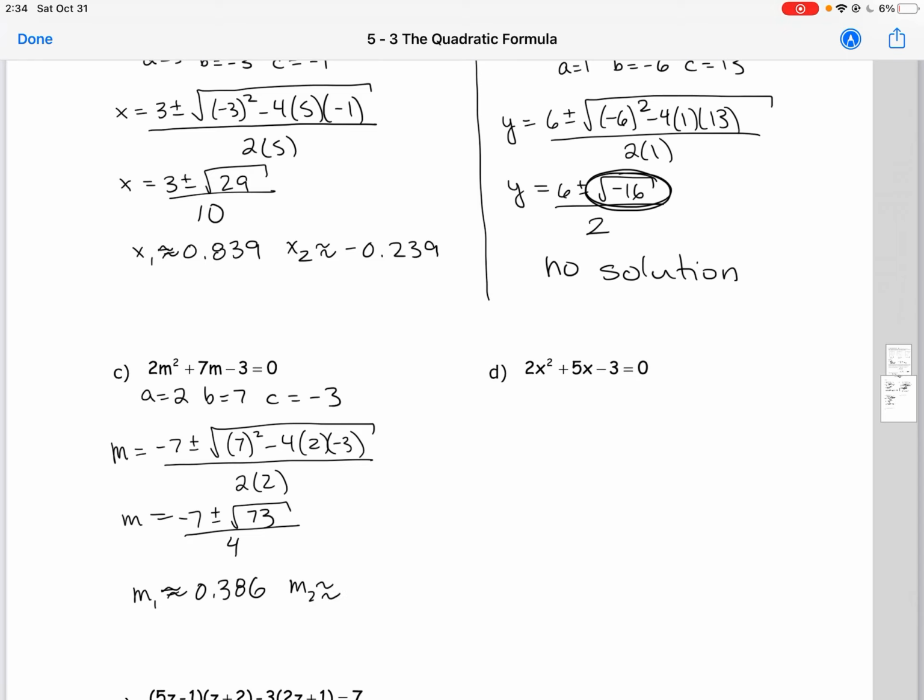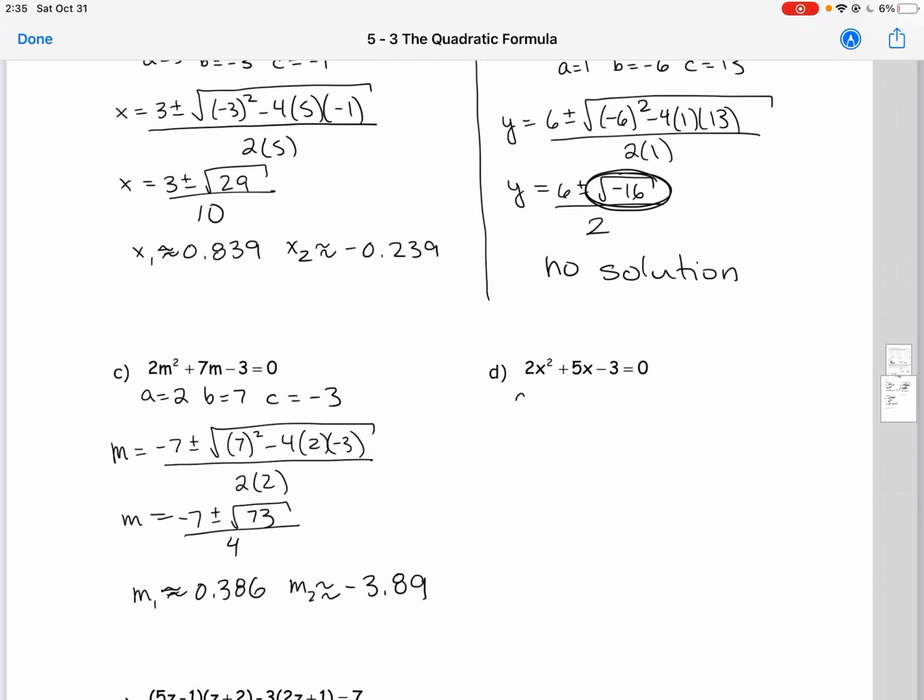And then my second answer here is going to be minus 7 minus root 73 divided by 4. Let's try that again. Minus 7 minus root 73 divided by 4 is going to give me approximately minus 3.89.